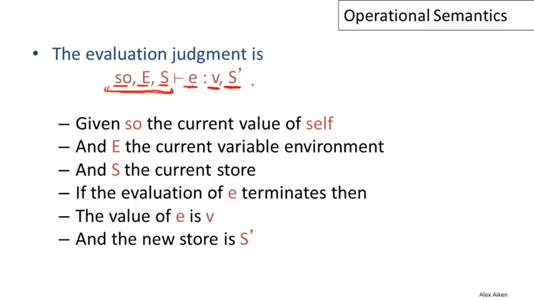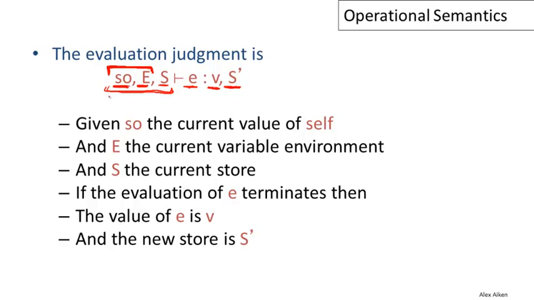Now notice a couple of things here. First of all, the current self object and the environment don't change. They are not changed by evaluation. So which object is the self parameter to the current method, and the mapping between variables and their memory locations, is not modified by running an expression, and that makes sense.